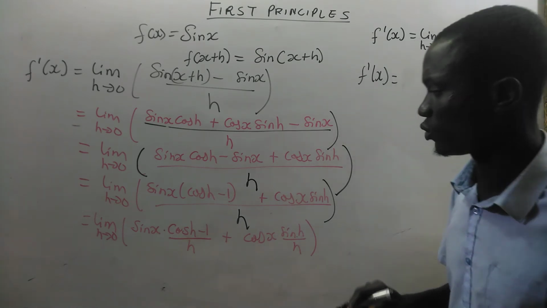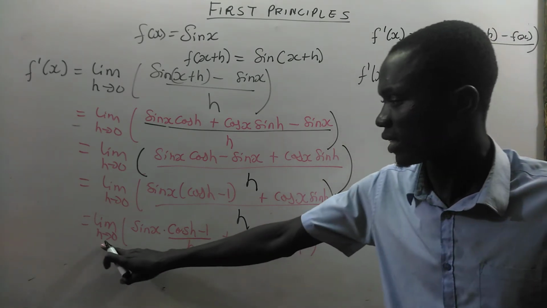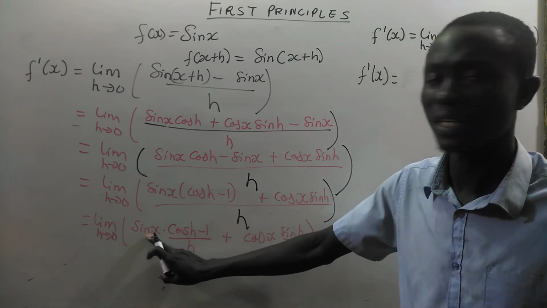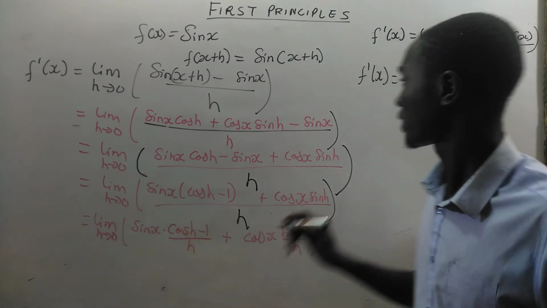Now before we take the limit, let us look at something. Here as h approaches 0, sine x becomes a constant. So you factorize sine x out.